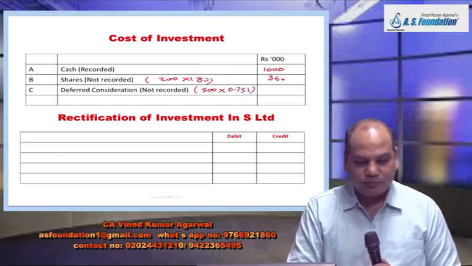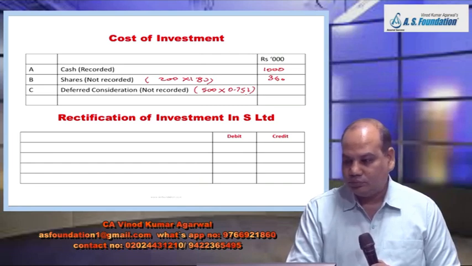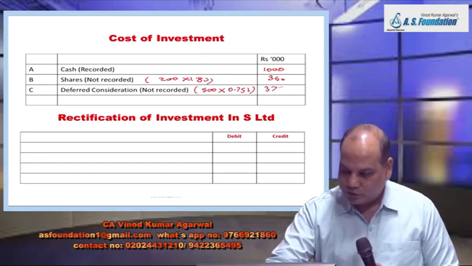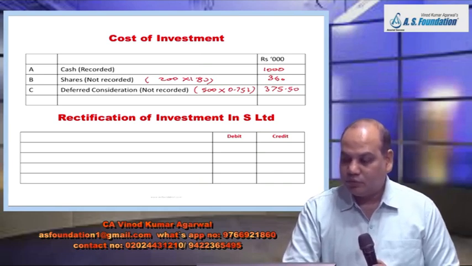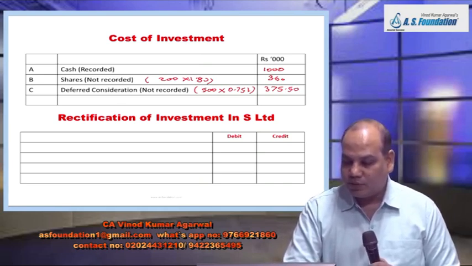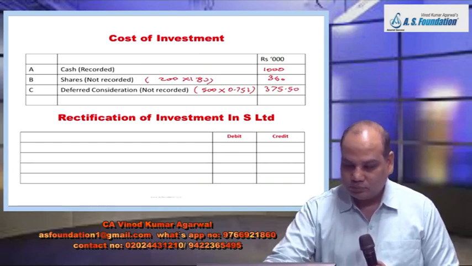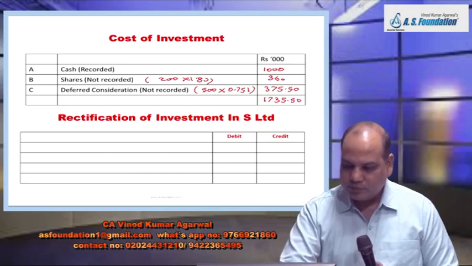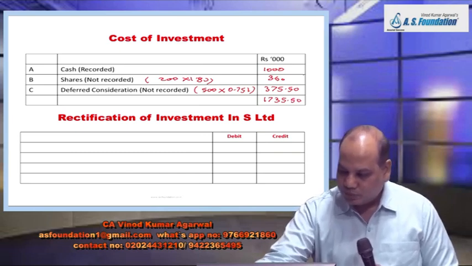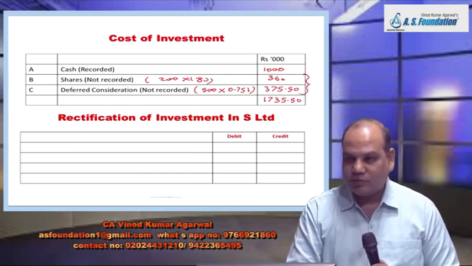Use that. 375.5. So what is the total cost of investment? 1735.5. So we have to pass entry for these two items.